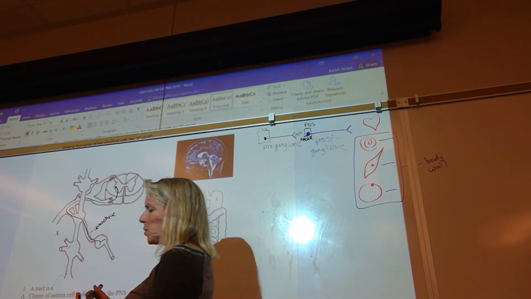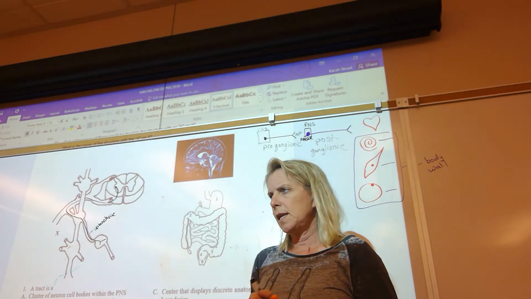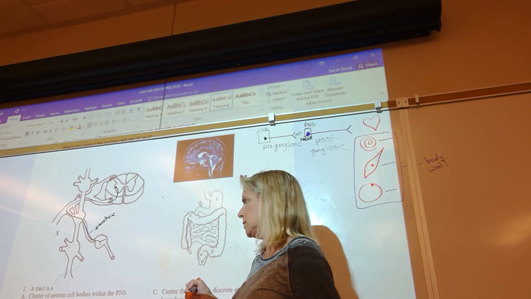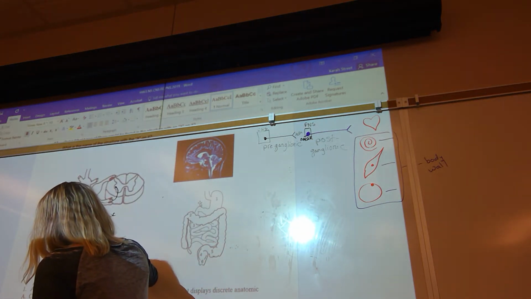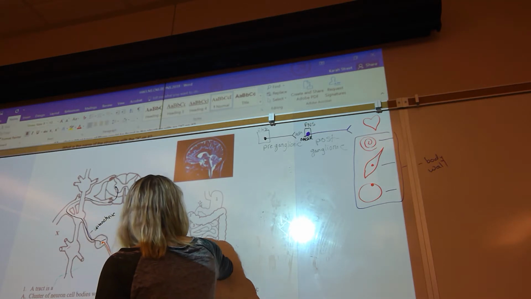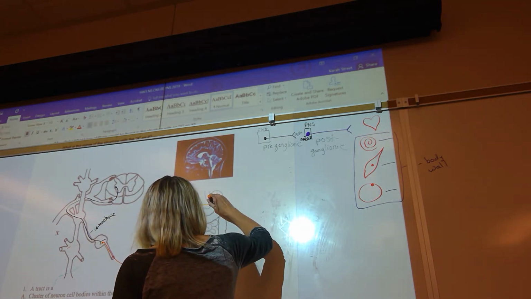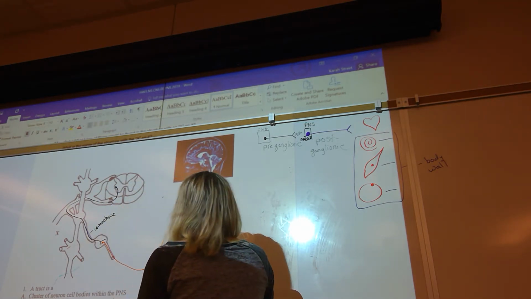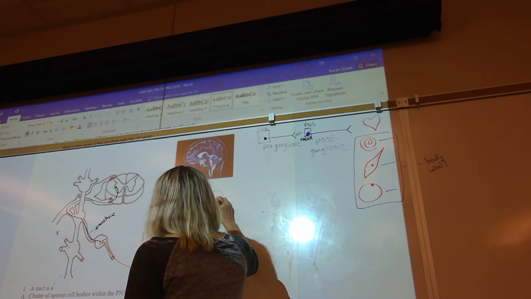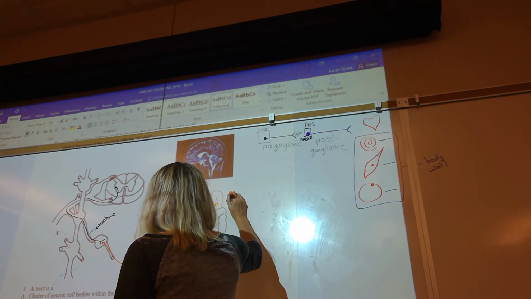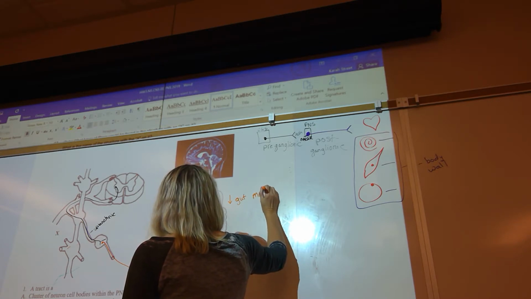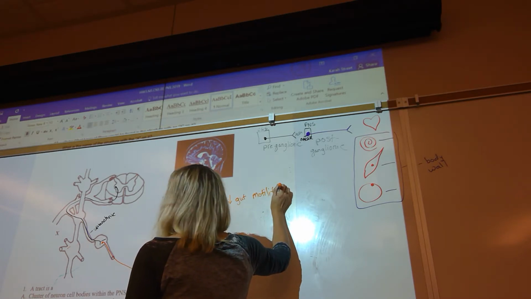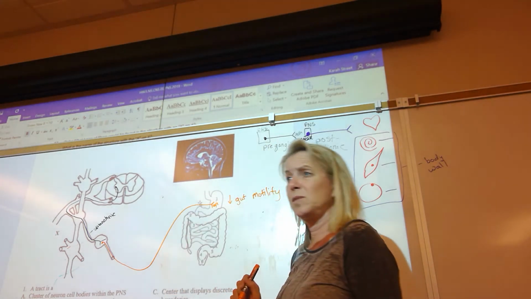And it's going to go to a collateral ganglion and synapse there. Then the postganglionic neuron is going to terminate on the stomach. And it would release epinephrine, and this would reduce gut motility. If I'm running for my life, now is not the time to be digesting my food in my stomach.